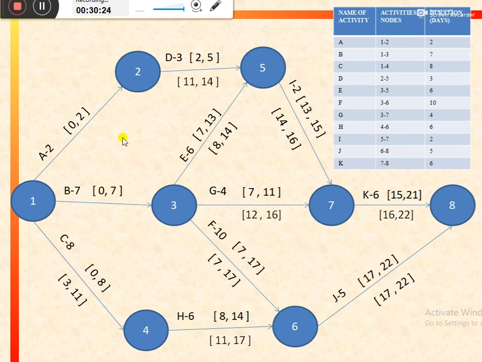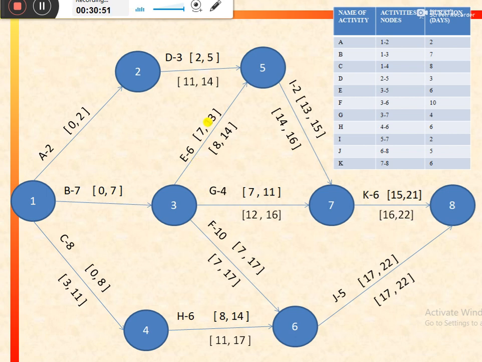Now comes the activity B. It is very important to calculate the latest start and latest finish for activity B, because there are three successors for activity B. These are activity E, activity F, and activity G. So which one would be the latest finish for activity B?